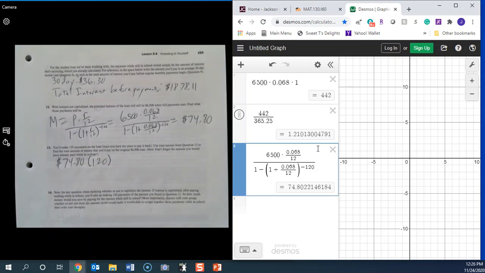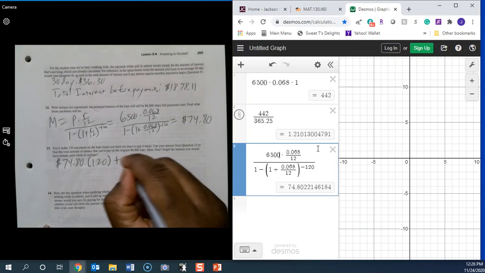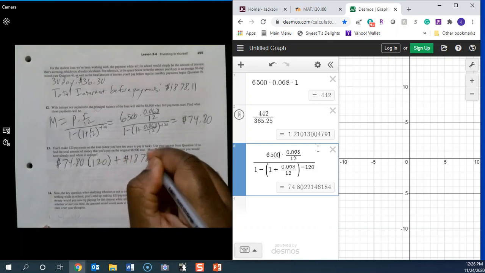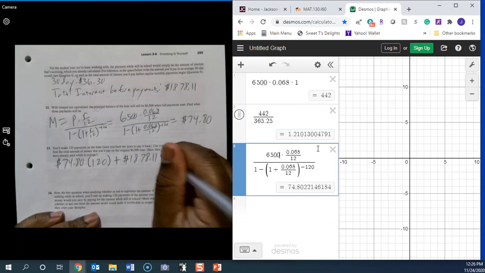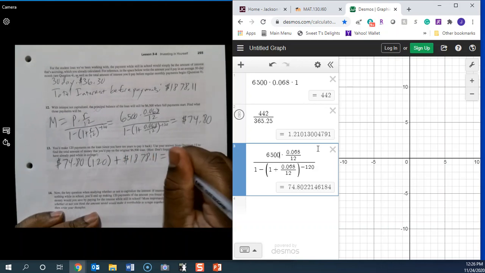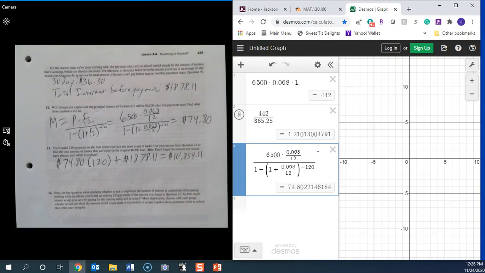Because remember, 10 years of payments, 12 months in a year, times 10, that's 120 payments you would make. Plus the $1,878.11 in interest you would have prepaid. And when you add all of this up, it'll be $10,854.11. That's how much money you would have paid over your 10-year loan.